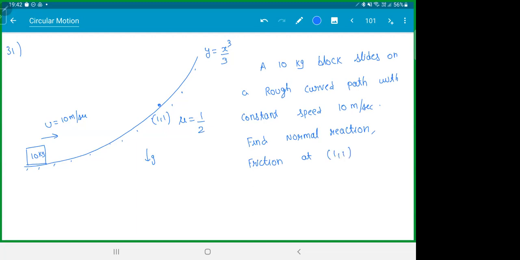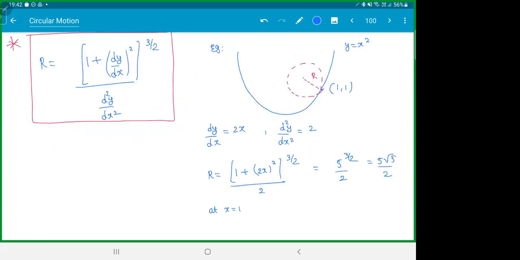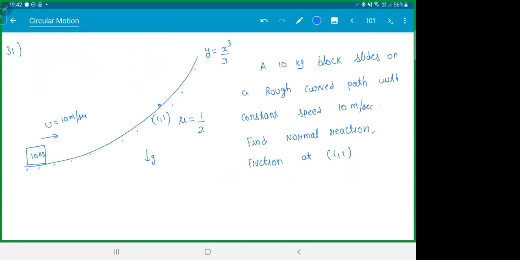Let's get this. Previous page there. You can put down that formula in case you have not written it down. You are going to need this: (1 plus (dy/dx) whole squared) to the power of 3/2, divided by d²y/dx². Yeah. Let's get this.